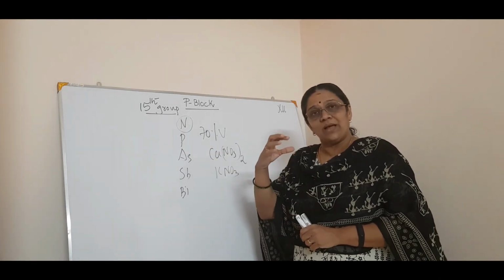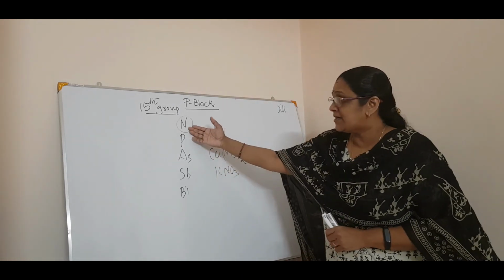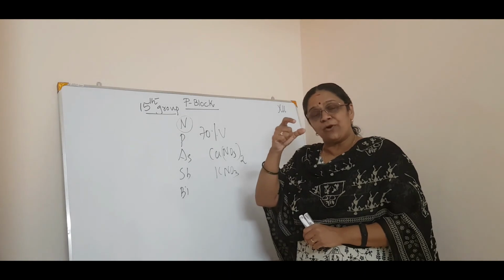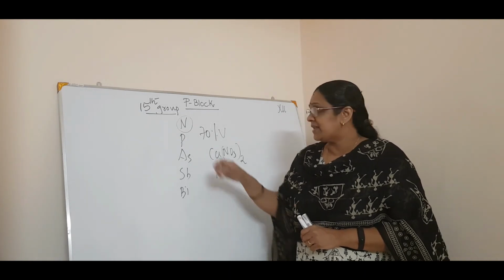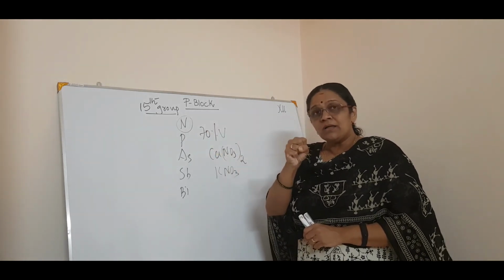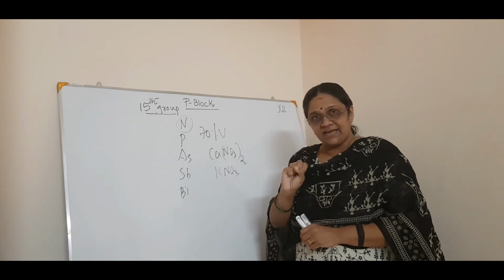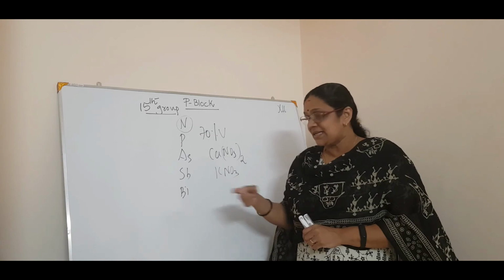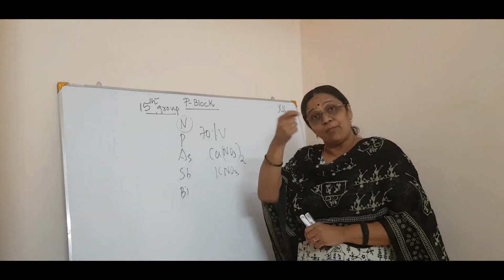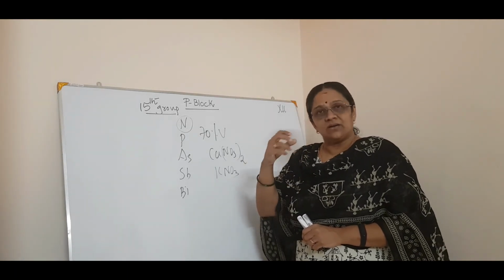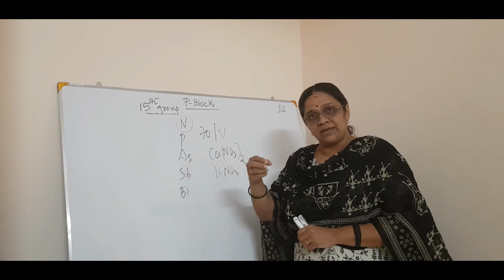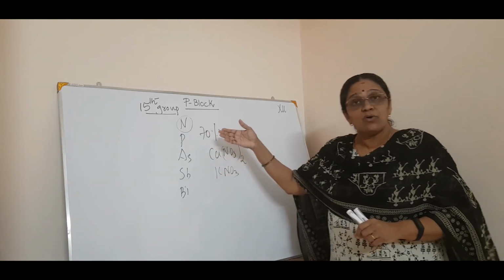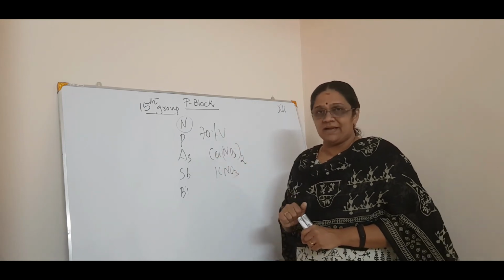For example, if I say nitrogen is more basic than bismuth, there is one value point, some concept behind it. Nitrogen is very small, and there is one lone pair of electrons in the nitrogen atom, so it is easy to give out. Whereas bismuth has a larger atomic size, so the atom cannot donate like that. So that type of questions are coming in.